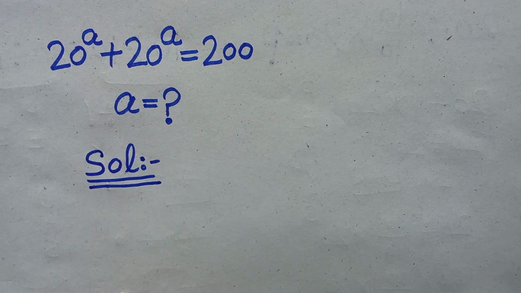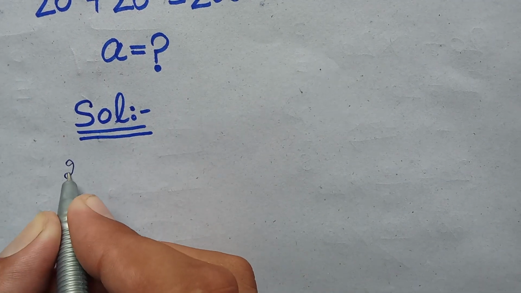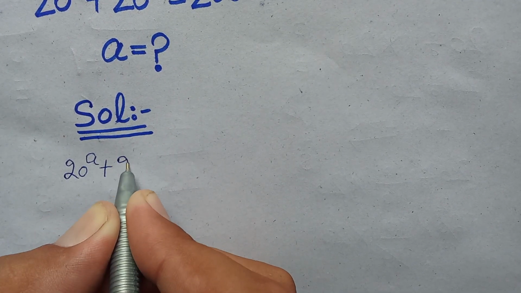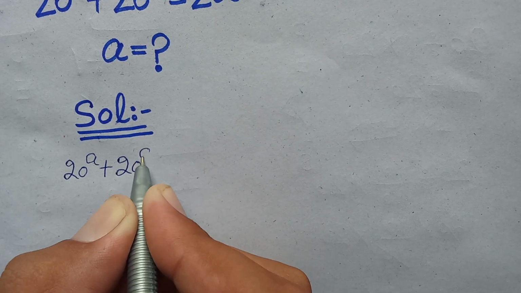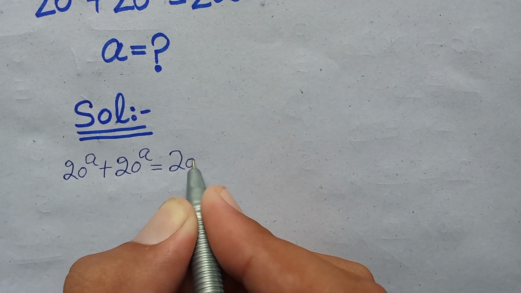Okay, our given question is 20 to the power of a plus 20 to the power of a is equal to 200.